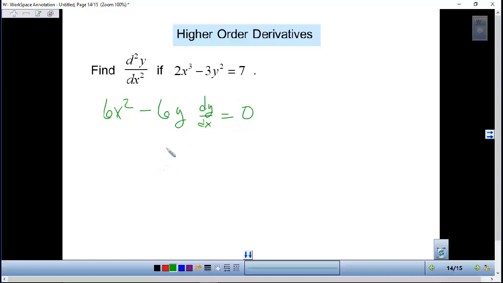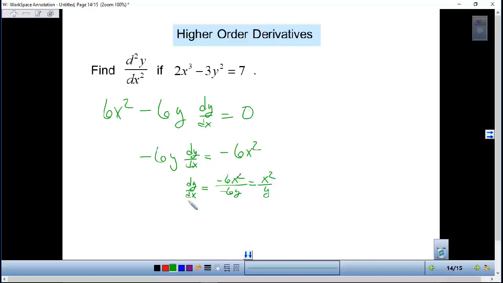We're going to move everything else over to the other side. So we get negative 6y dy/dx is equal to negative 6x squared. Divide both sides by negative 6y. So dy/dx is going to equal negative 6x squared over negative 6y, which means that it's going to be x squared over y. All right, so that is the first derivative.